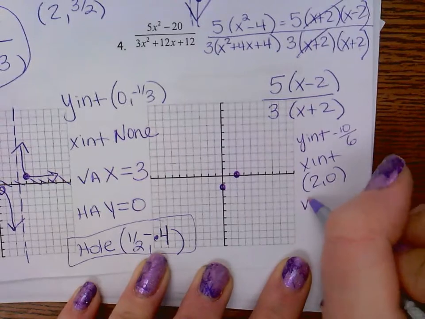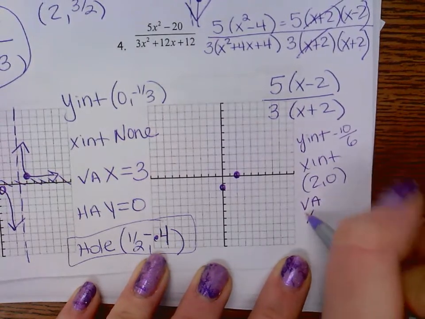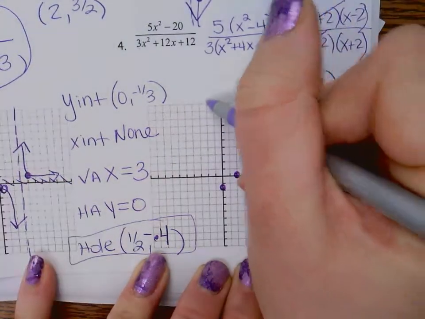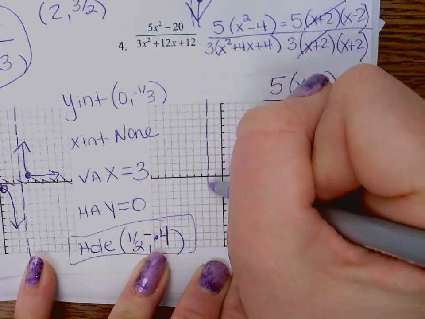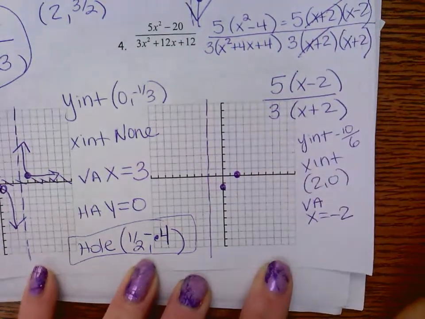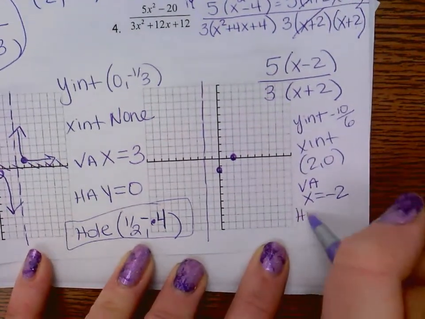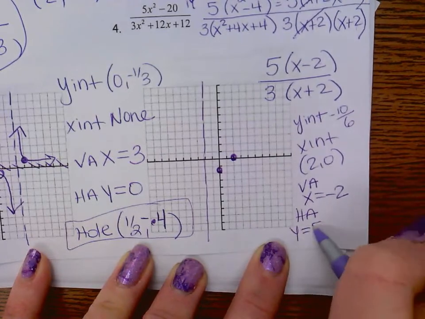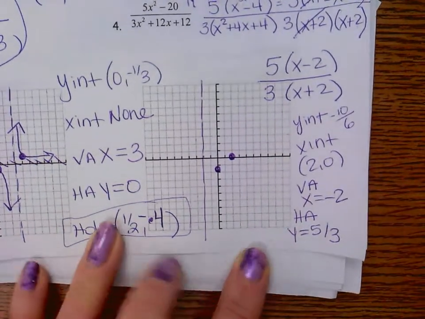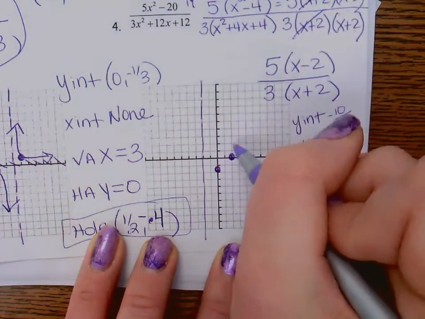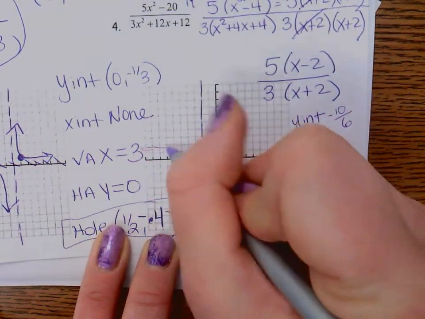Vertical asymptote at -2. Horizontal asymptote at 5/3. Strip the coefficients of the numerator and denominator, so that's just more than 1, but less than 2.